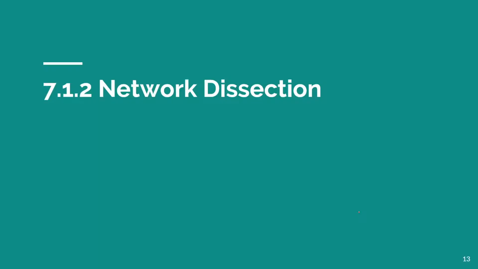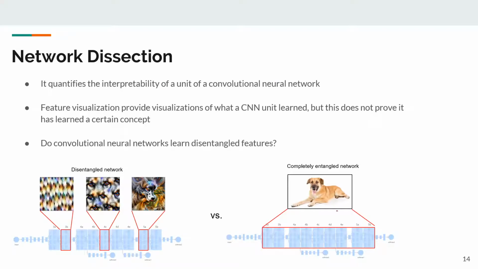Some of the images presented before seem to show well-known concepts like dogs' snouts or balls, but how can we be sure? The network dissection method links human concepts with individual neural network units, but it requires extra datasets that someone has labeled with human concepts. The network dissection approach quantifies the interpretability of a unit of a convolutional neural network.